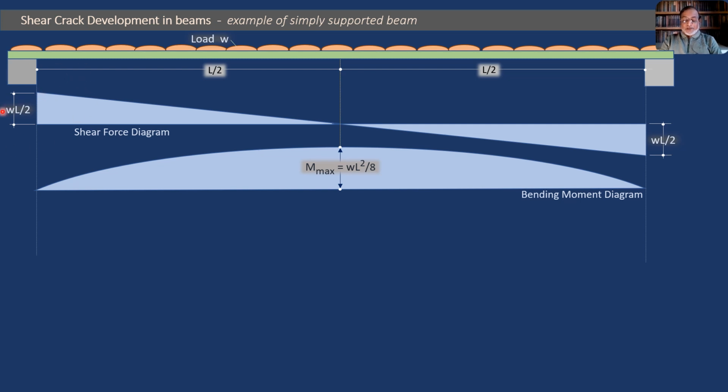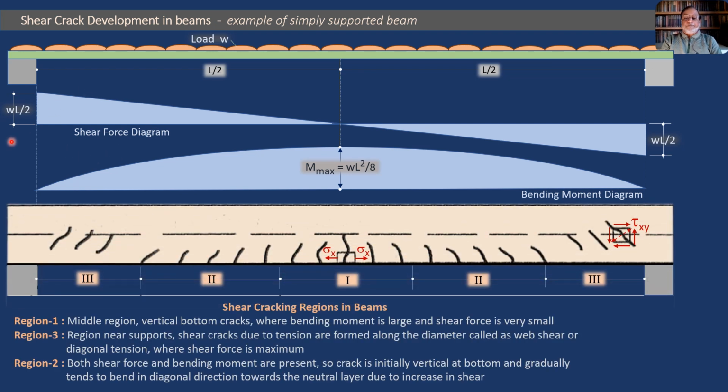Now we will proceed further to understand how the failure of this beam will occur due to shear. So we will take the help of this diagram. If we look at this diagram, this beam has been shown enlarged. Here are the two columns.